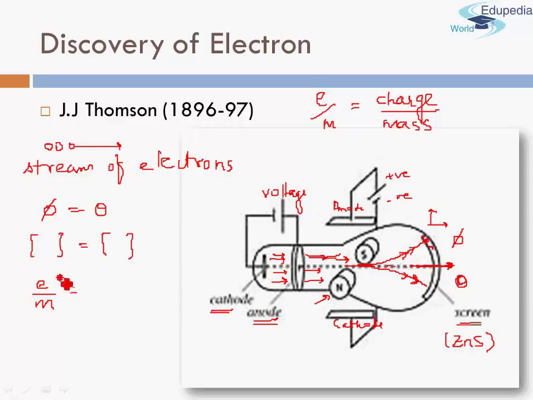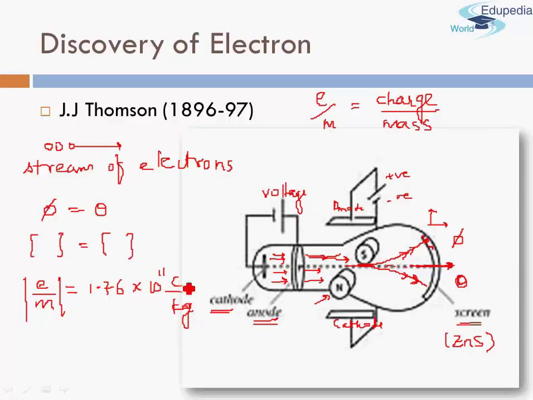In magnitude, let's forget that the electron is negatively charged. If we just want to calculate the magnitude without a positive or negative sign, he calculated that this ratio comes out to be 1.76 multiplied by 10 to the power 11 coulomb per kg.